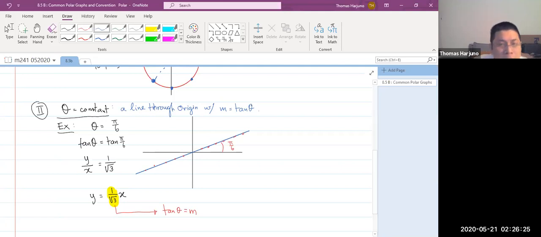Actually, do not underestimate this theta equals constant thing. Why? Because of the following.